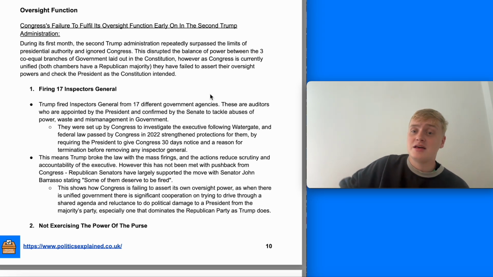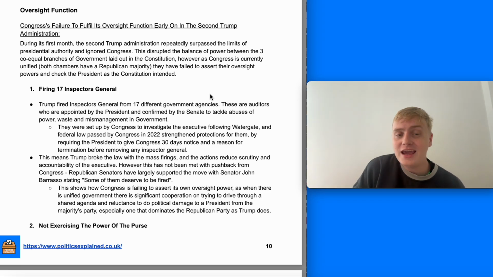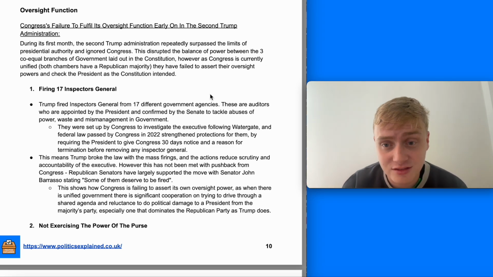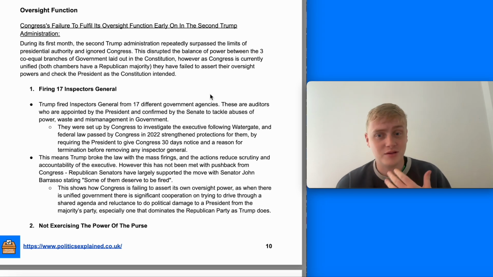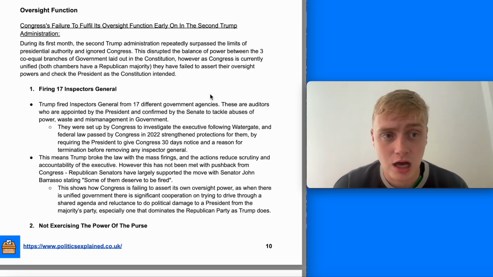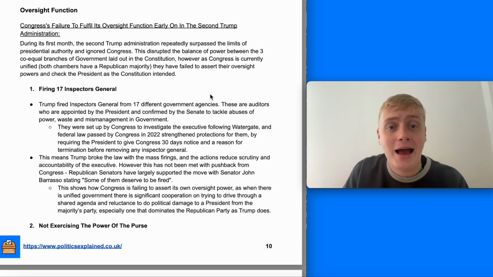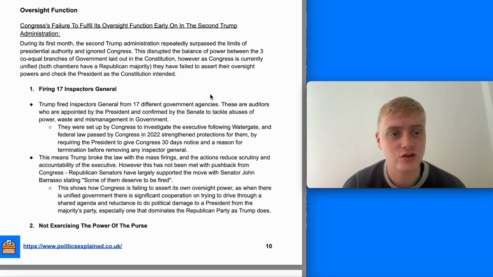And effectively, there's an argument that this results in ineffective scrutiny of the presidency, ineffective oversight, and I think the last 5 months of the Trump presidency are a really good example of that, where Congress has really failed to stand up to the Trump presidency and exercise its oversight powers that are given to it in the Constitution.